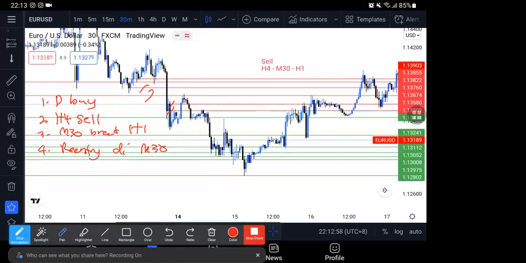So with this formula, this is H4 direction, this is setup, and this is bias. We just look at whether the bias is broken or not. The bias is broken over here. When the bias is broken, we know the sell momentum is in. So why should we buy when there is no buy momentum and there is a strong sell momentum?